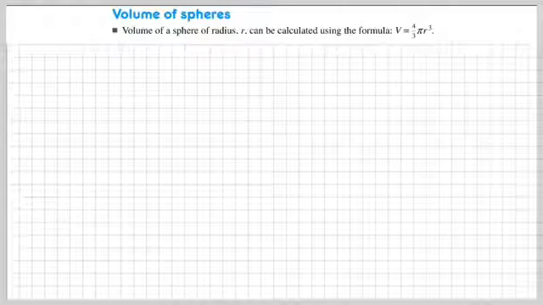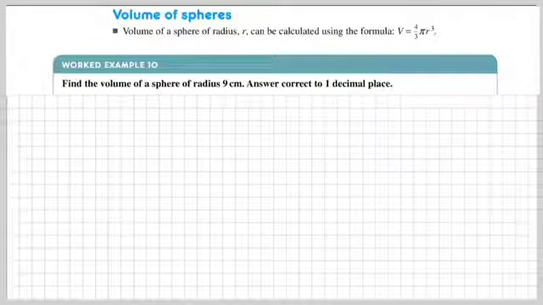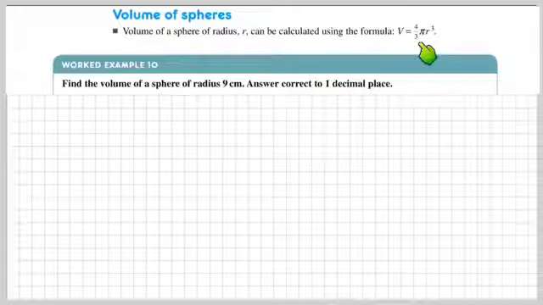Now we're going to do spheres. Okay, the volume of a sphere, this is a new one for you probably. If we have a radius of r, the formula for the volume of a sphere, V, is 4 over 3 pi r cubed. And guys and gals, these are definitely not prisms. Okay, so that's a special formula that you have to use just exclusively for spheres.